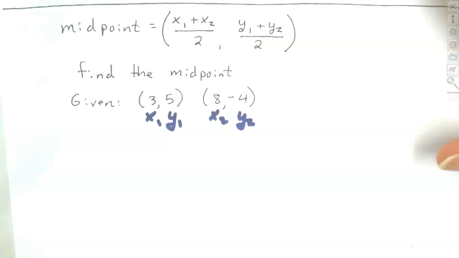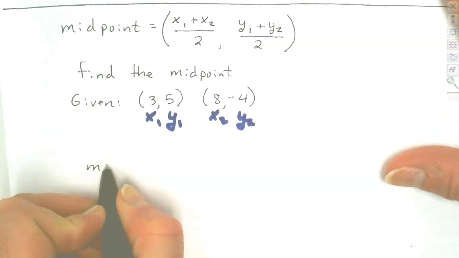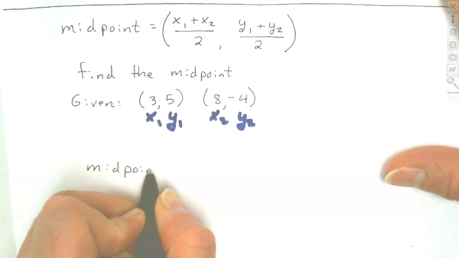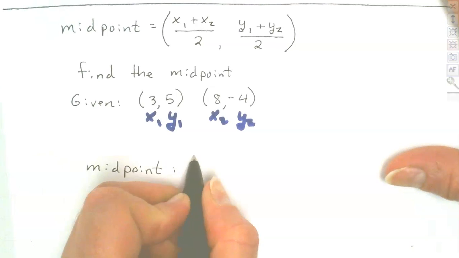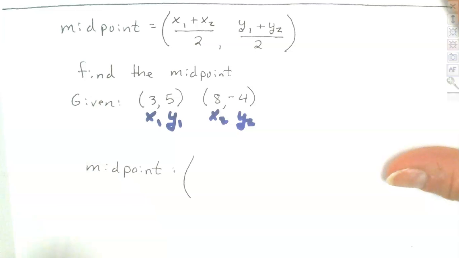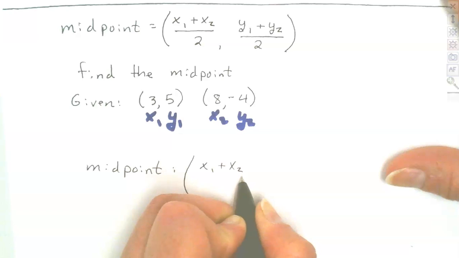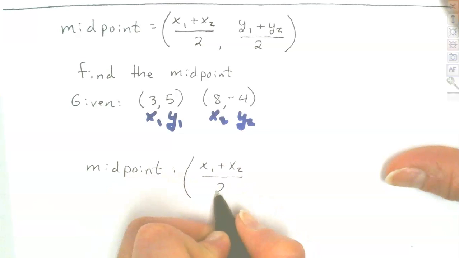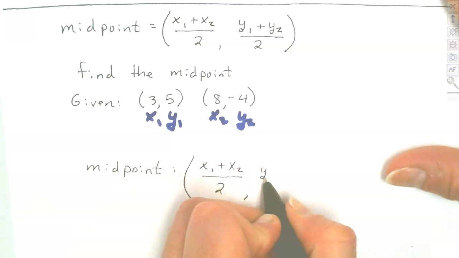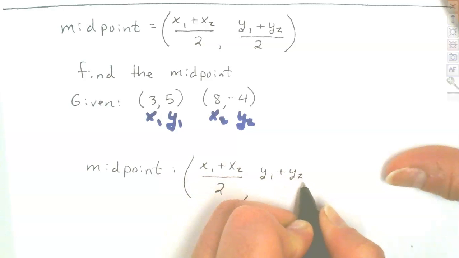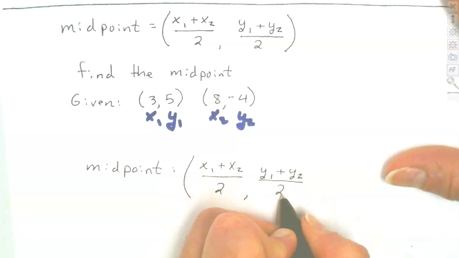So let's go ahead and apply our midpoint formula. And I like to write the formula out several times so that I have it. It's x1 plus x2 divided by 2, and y1 plus y2 divided by 2.